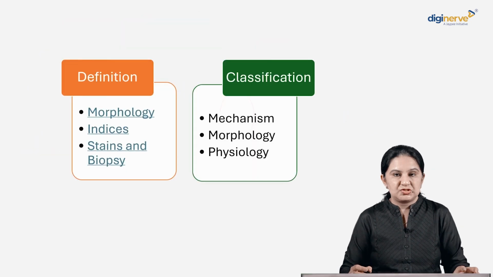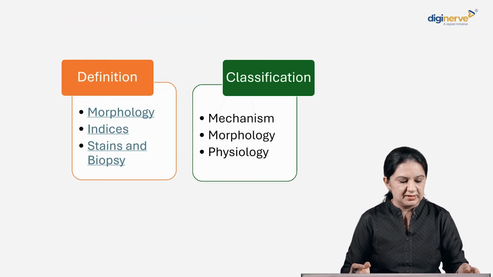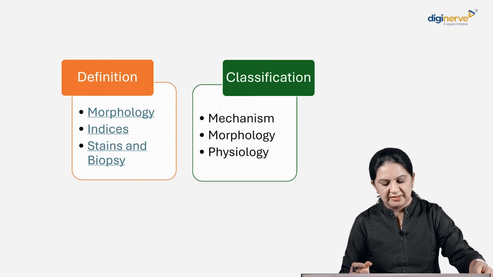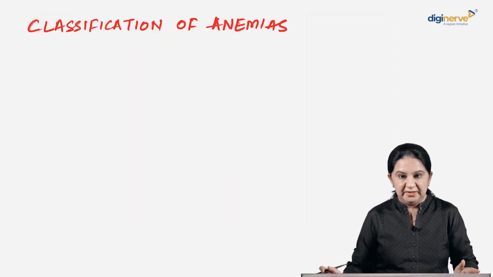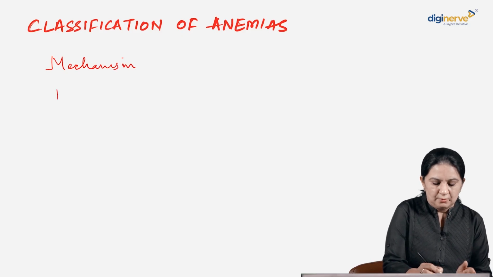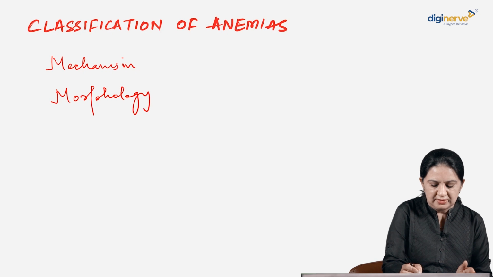All right. So let's begin the most important aspect of anemias, the classification. Now your classification can be based on mechanism, morphology and the physiology of anemia. So the anemias can be classified based on the mechanism causing anemias, morphology of anemia and the physiological classification.